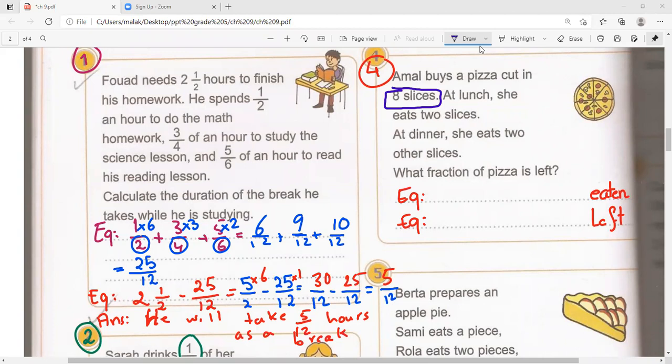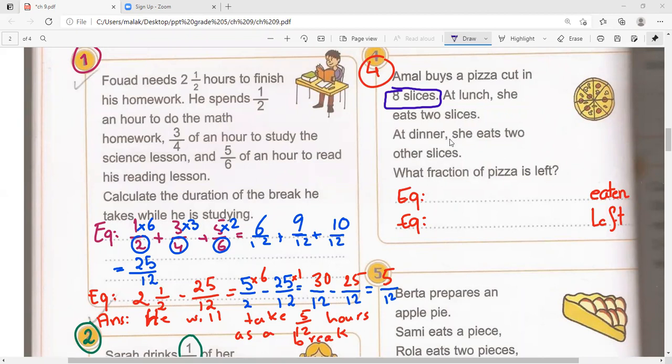Now we are not hearing you at all. Now, are you hearing me, teacher? Yes. Now we are.